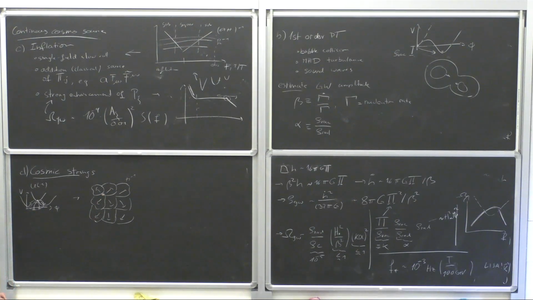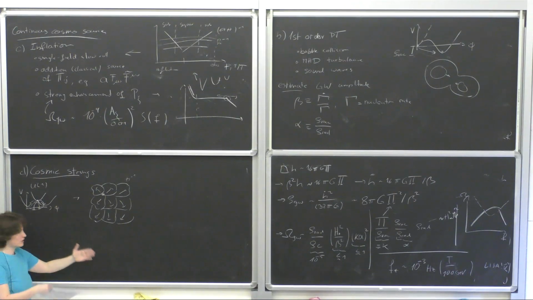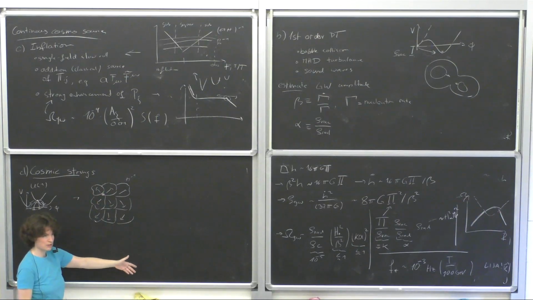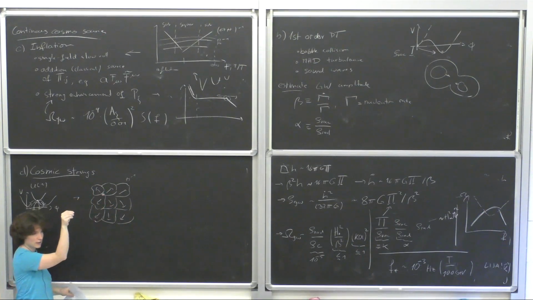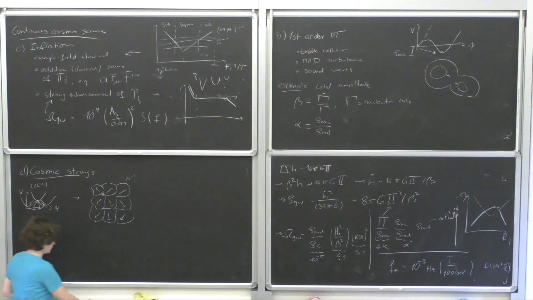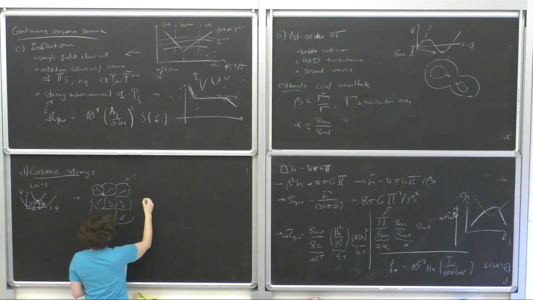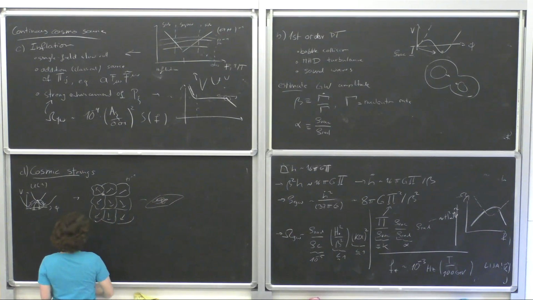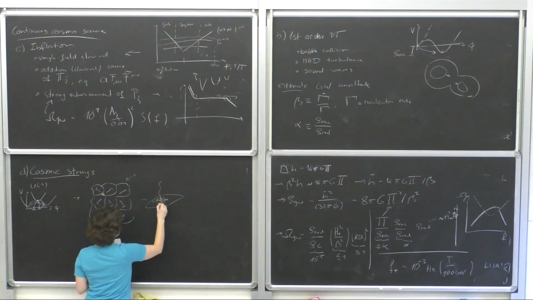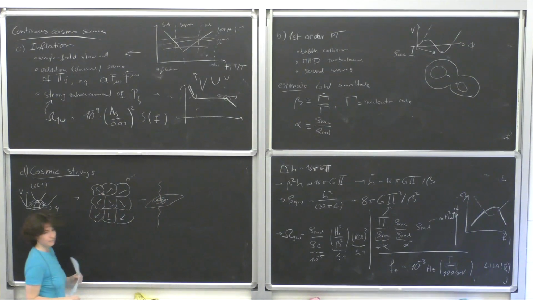This is just one slice of 3D space. Imagine I have another blackboard, I draw the same picture, another blackboard, and so on. This point will become a string coming out of the horizon. So if what I drew here is some 2D plane with all the patches, then this point becomes a string going through this plane.